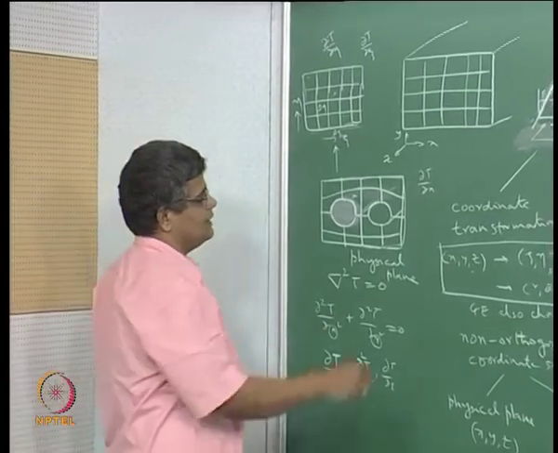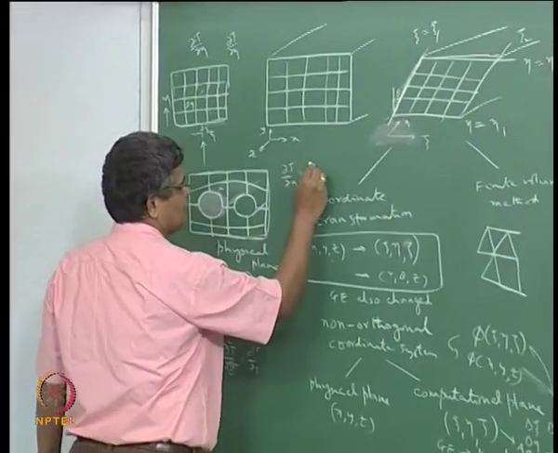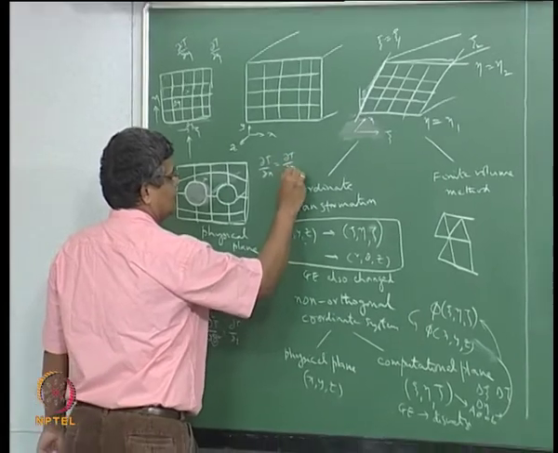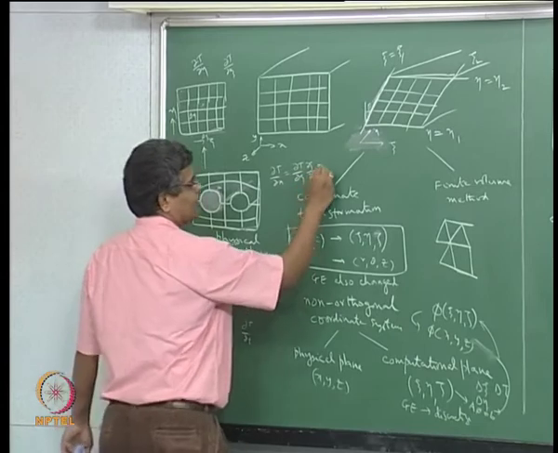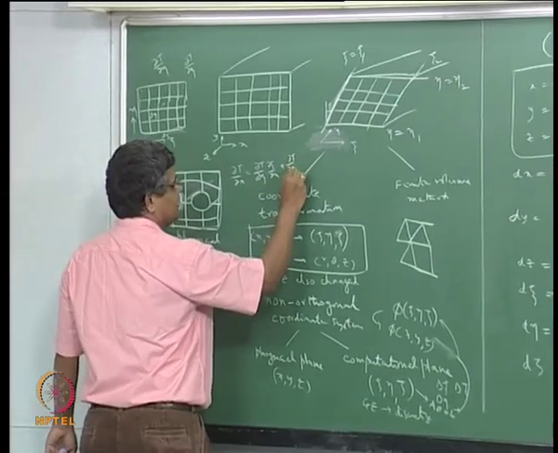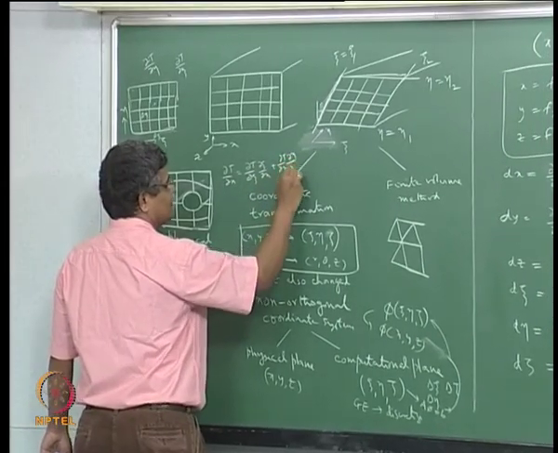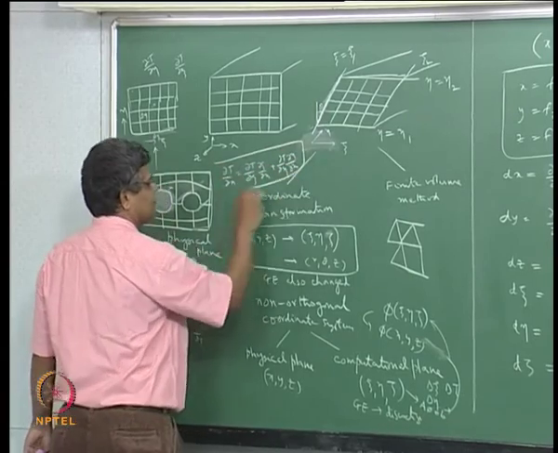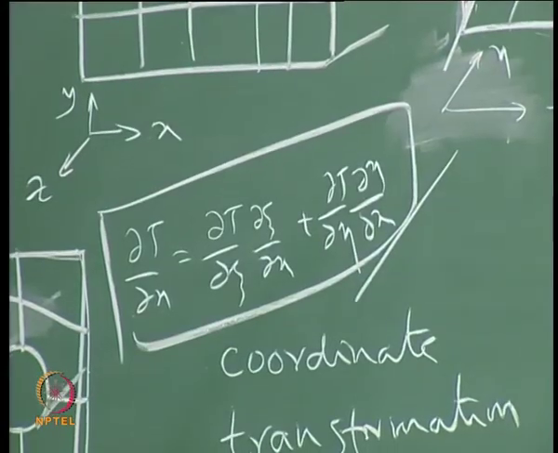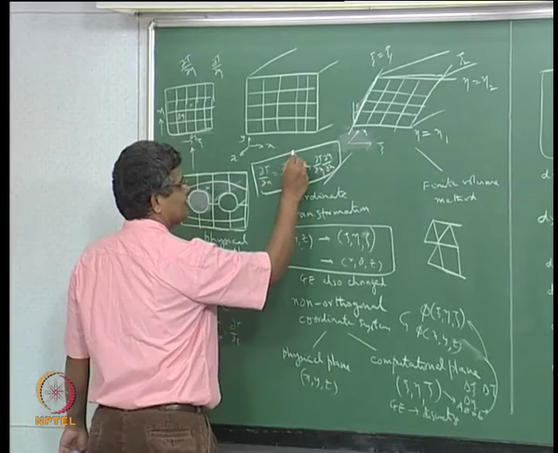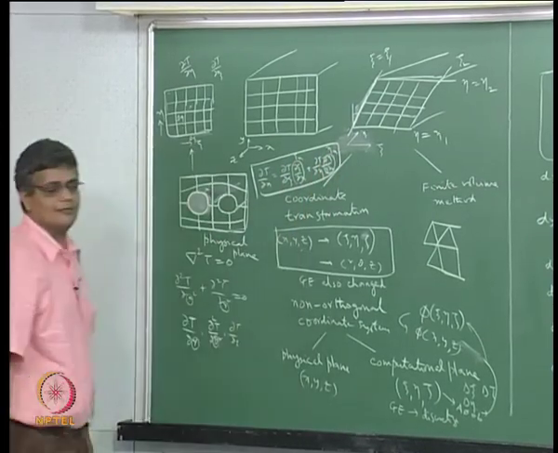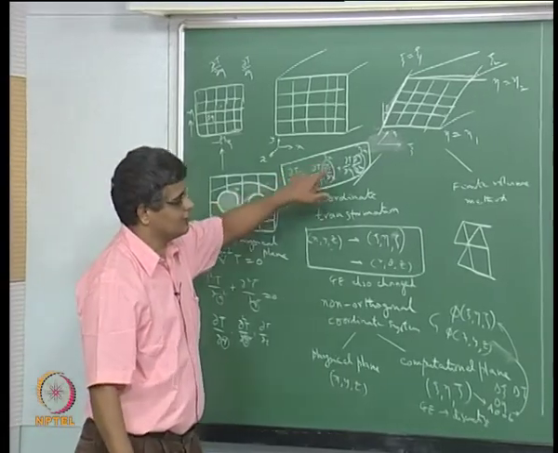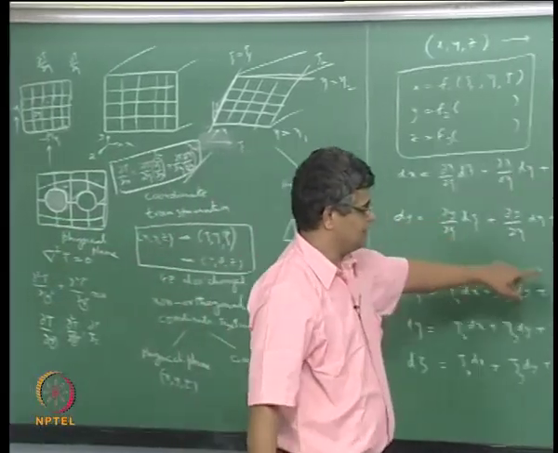So one can say that this is equal to dou t by dou xi times dou xi by dou x plus dou t by dou eta times dou eta by dou x. And one can see that this is our psi x and this is our eta x. So these are the metrics of the transformation that we are expressing here.